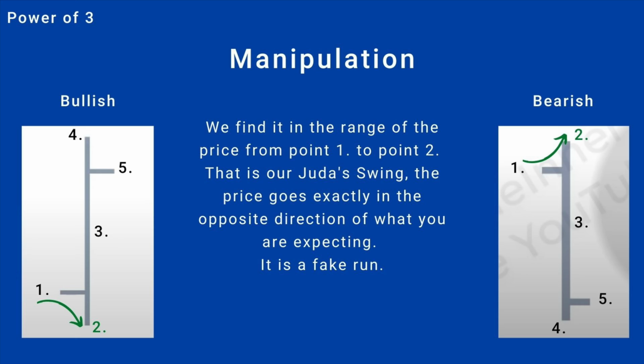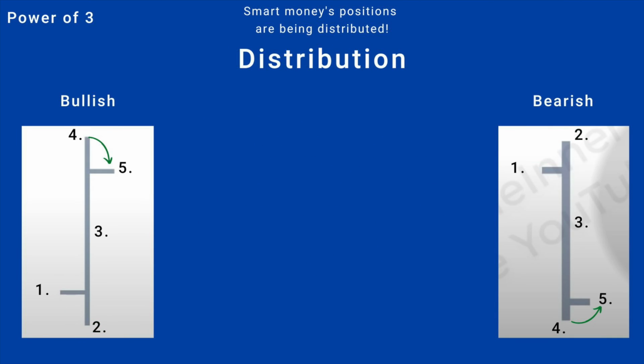What about distribution? Distribution is all about smart money's short or long positions actually being distributed, and smart money is simply taking the profits. So it happens between point 4 and point 5. Let's see them one at a time.